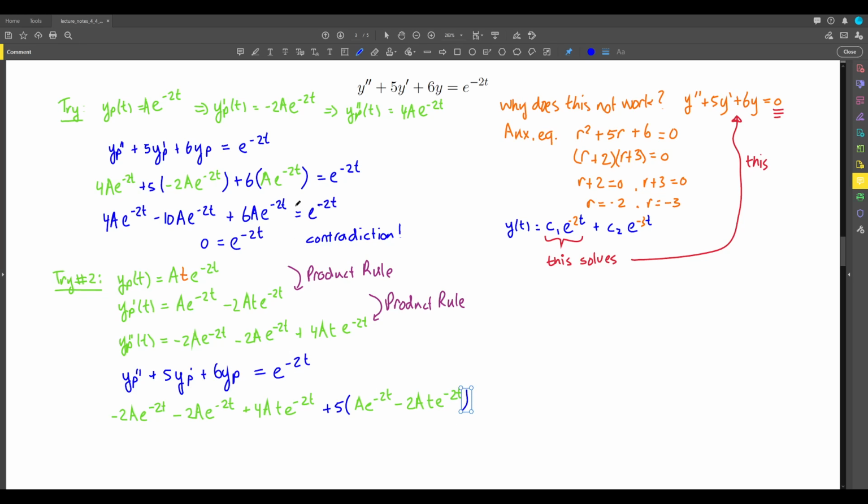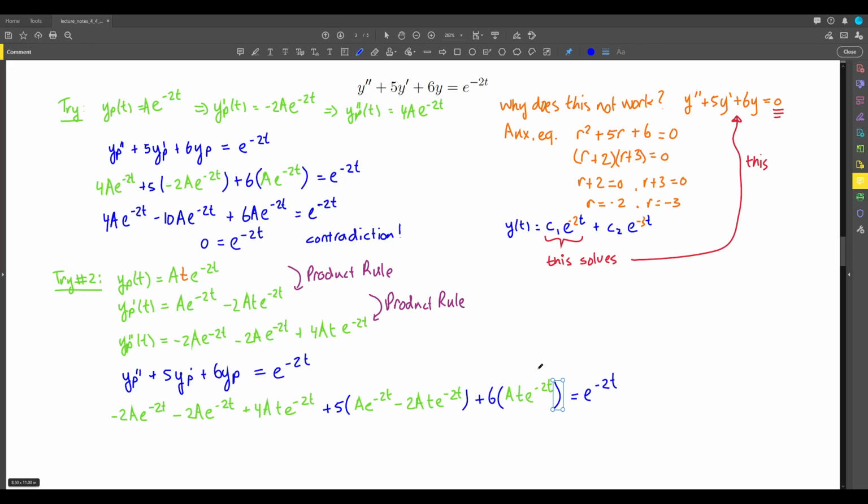And then finally, the last part, the 6yp, it's 6 times, and then we have at e to the power negative 2t. And then that has to equal e to the power negative 2t.